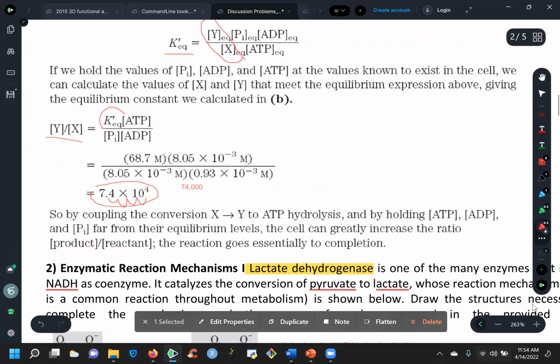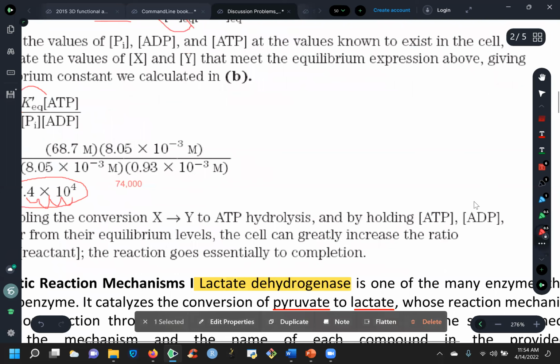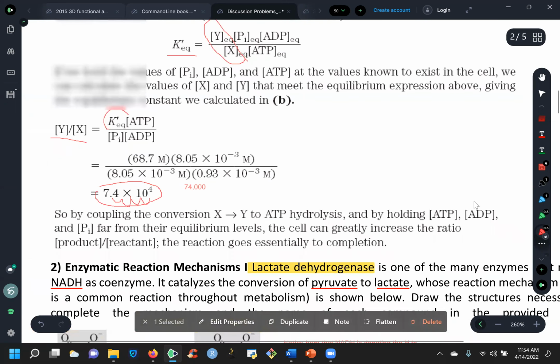So what does it mean? Let me rewrite it for you right here. 74,000 is equal to the ratio of Y over X. Y is the products and X is the reactants. All of this matters. You absolutely have to be able to make the connections.